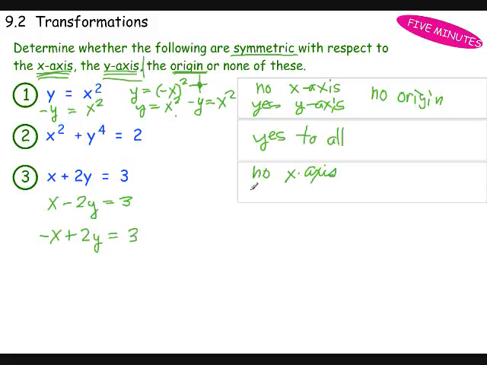And this is no with regard to the y-axis. Now I'll try putting a negative in for both the x and the y, and I get negative x minus 2y equals 3. Again, there's no way that one is an equivalent equation, so this one is no with regard to the origin as well. So we struck out on all symmetry with this one.